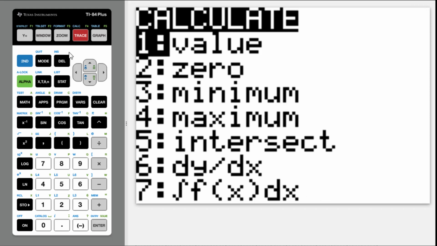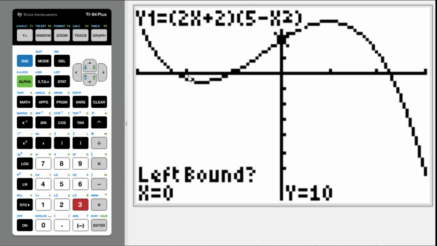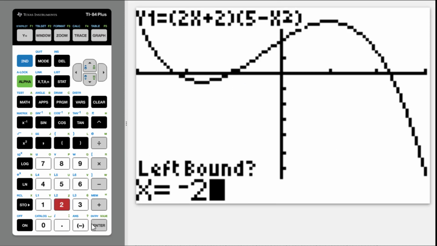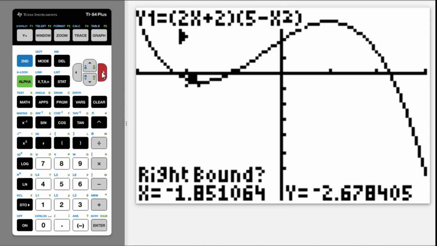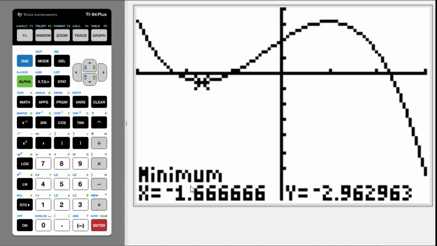Then let's work on this minimum point. Second trace, 3. This is -1, -2. So let me put -2 as the left bound. Move the arrow to the right side of the minimum point. Then enter. Enter. The minimum point is -1.67, -2.96.